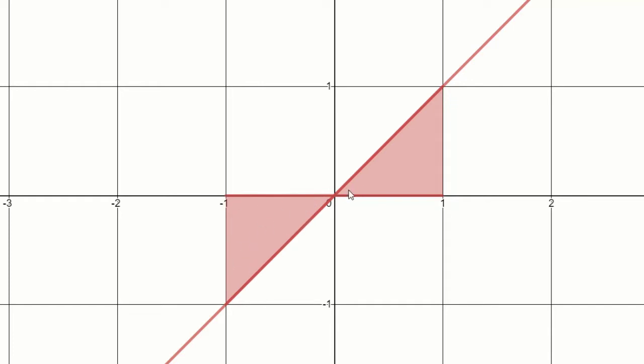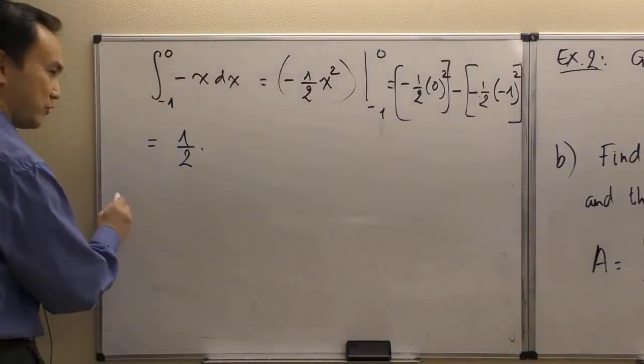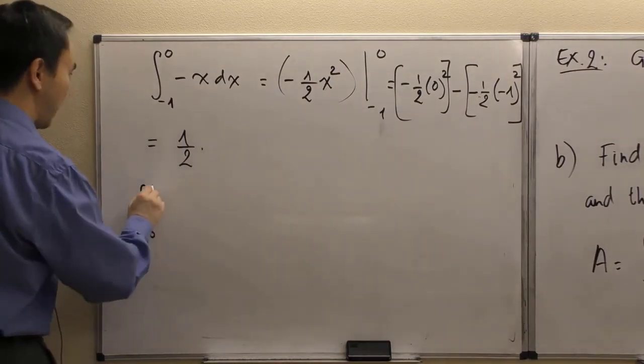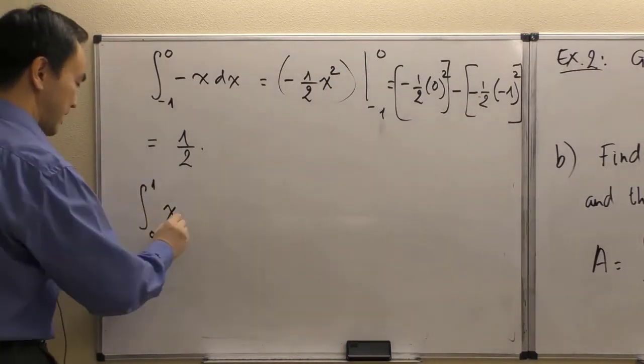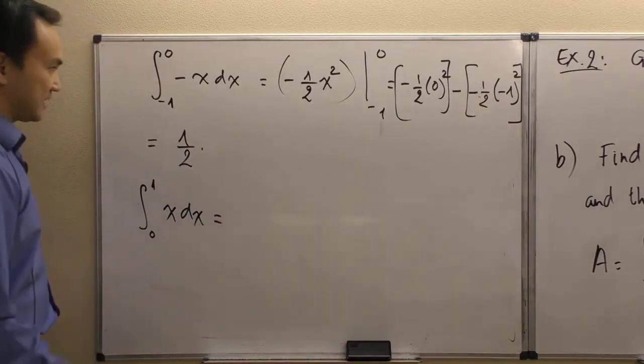So now let's find out the area of the other piece, and then we're going to total it up. My next integral, from the earlier step, is from 0 to 1, but the function now is x dx. So now it's two separate integral works, as I've been indicating.